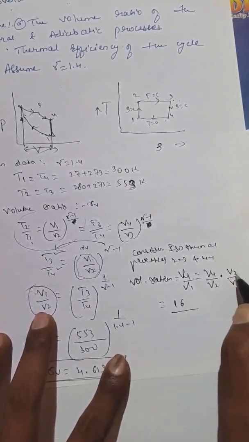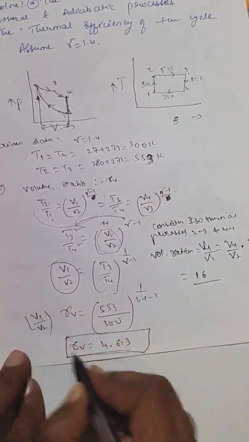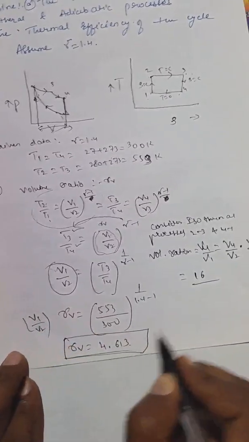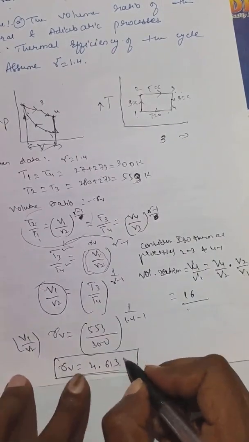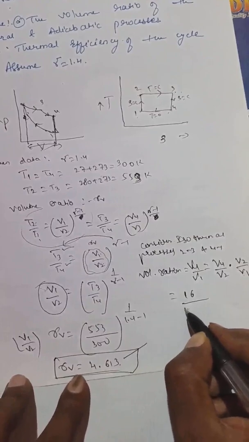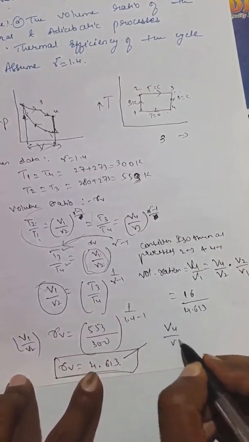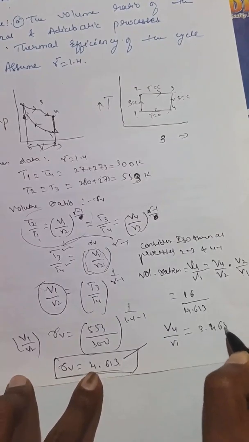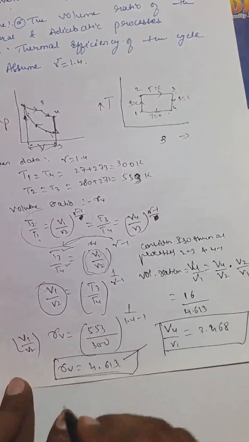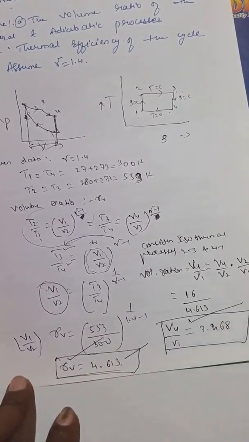Whereas for V1 by V2 we got the answer as 4.613, but here we have V2 by V1, so I can take this value in the denominator. So V4 by V1 will be 3.468. This is the compression ratio of adiabatic process. This is the compression ratio of isothermal process.